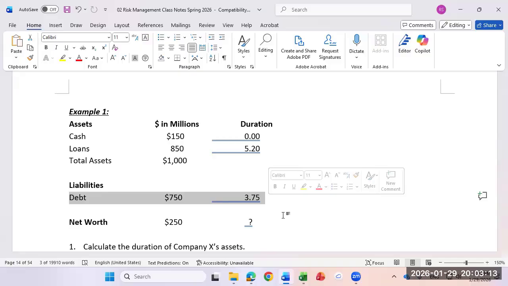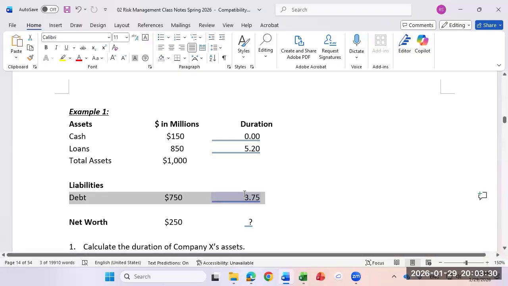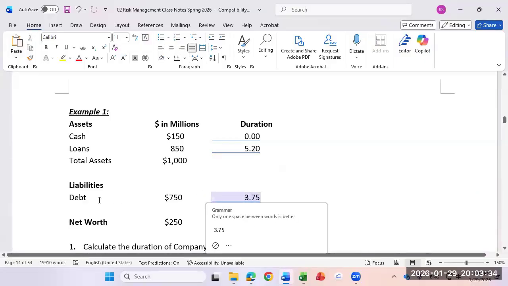It's really, really hard to come up with that number. So they did 2 scenarios, with and without the deposit accounts, and we got two radically different answers. We had to decide which of the answers we were going to go with. So it can get pretty complex, but I've done all the work for you, and I'm just giving you the number. So that's the duration of their liabilities.